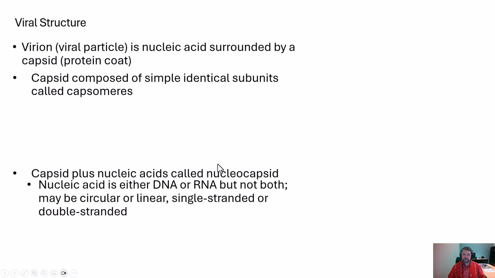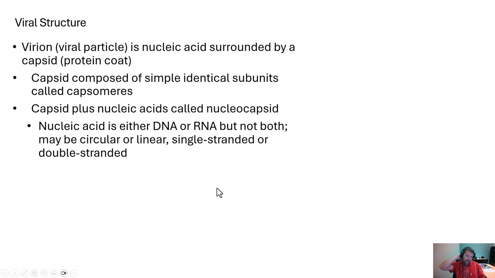Okay? Now, when we're looking at that nucleic acid, we've talked about this before, that nucleic acid can either be DNA or RNA. Now, the interesting piece of that is that the DNA could be circular, like a prokaryotic DNA strand, or it can be linear, like eukaryotic.